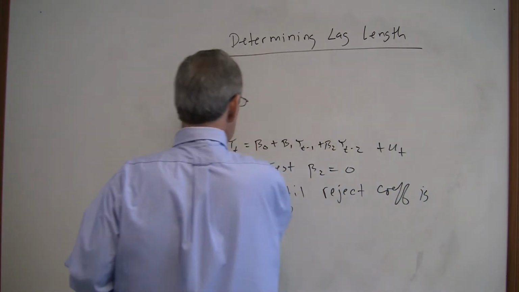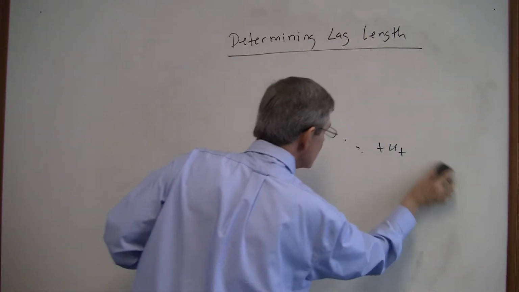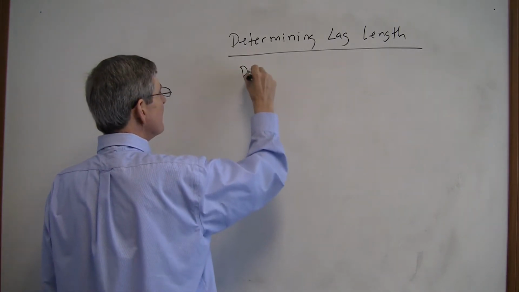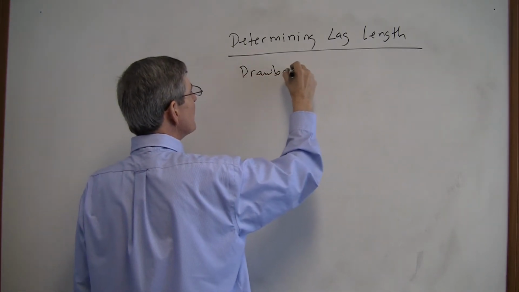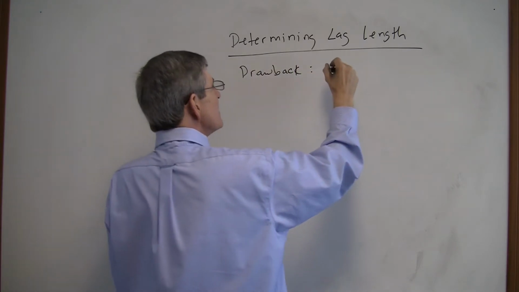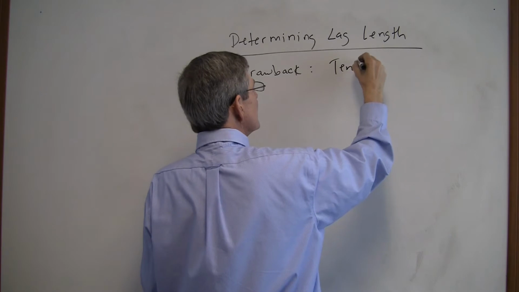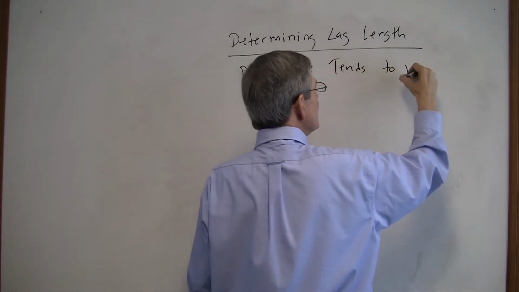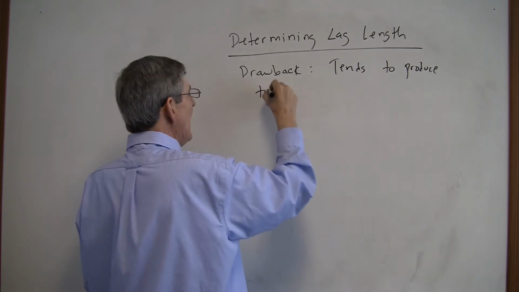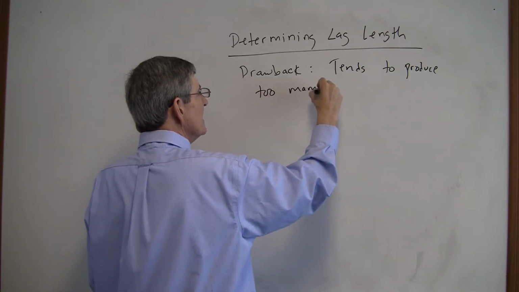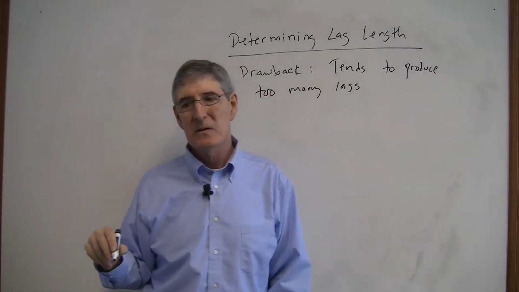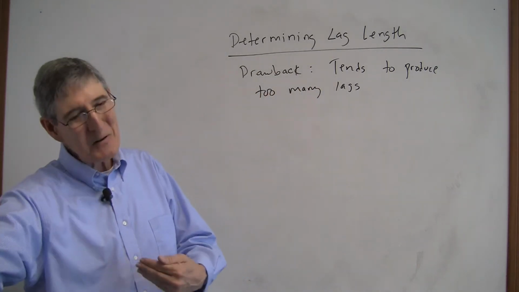The drawback on this: it's very easy to do. You just keep doing a bunch of regressions and F-tests. The drawback is it tends to produce too many lags. Even though that's less of an error than too few, this one tends to go a little overboard on that score.